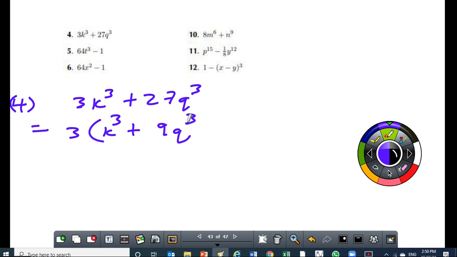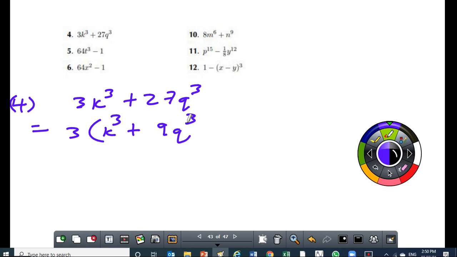Like that. But still, if you look at the question itself, I think there's something wrong, because 9 is not a perfect cube. The 27 is a perfect cube, but the 3 is not a perfect cube. So to factorize that as a sum of 2 cubes won't be possible.